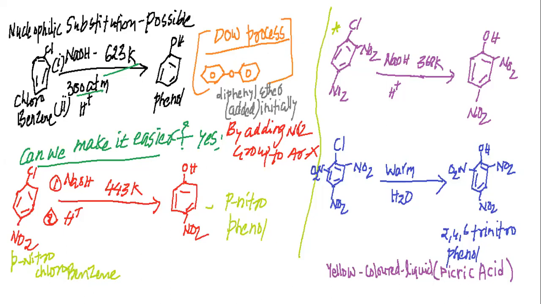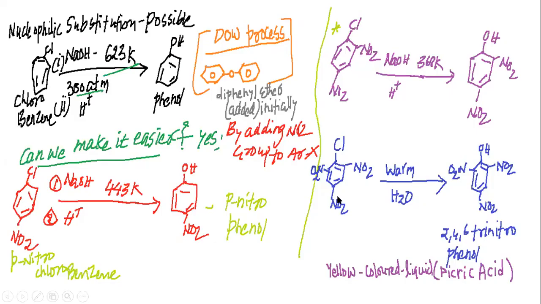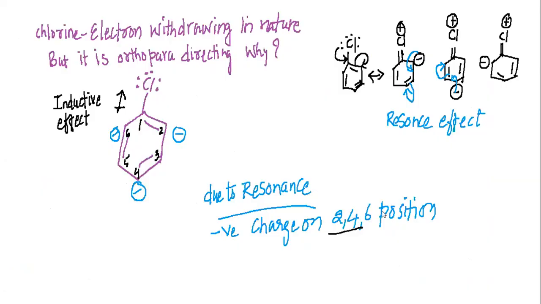That means it can be added only to the 2 position, 4 position and 6 position. Now, chlorine is an electron withdrawing group in nature, but it is ortho-para directing. You have just seen that the nitro groups are added only at the ortho and para regions, not on the meta region. What is the reason?